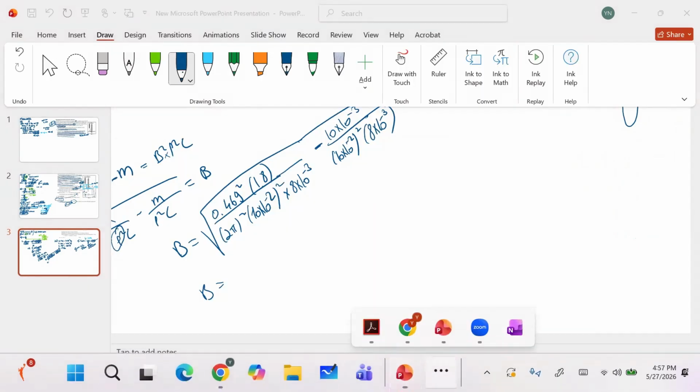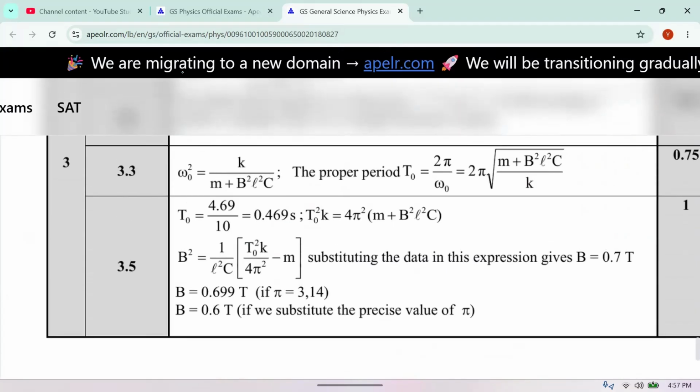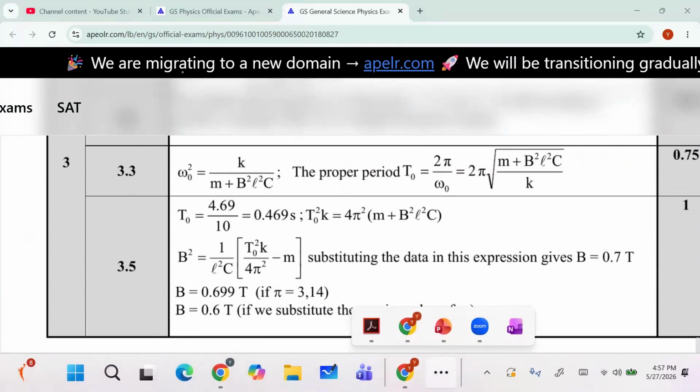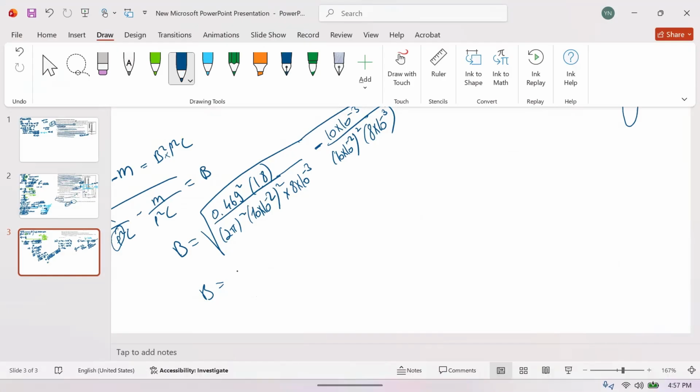Since I don't have a calculator now, let me get the answer from here. It will be 0.699 T, or 0.6 if we substitute the precise value of pi. By the way, use the pi button on your calculators. Don't put 3.14. So the answer should be 0.6 Tesla, and that's it.